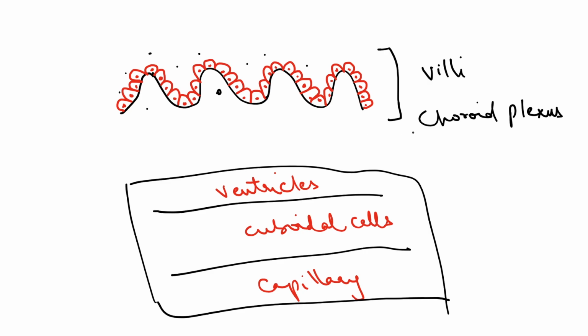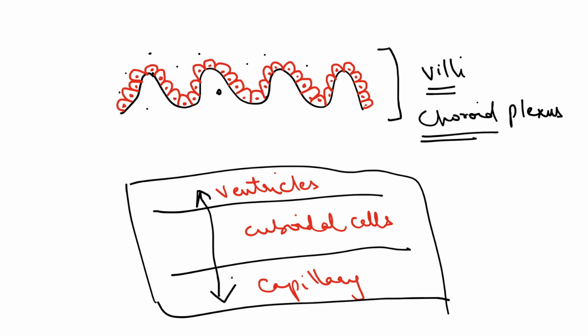So the choroid plexus, which has the functional unit villi, has a thin wall, which is a single wall and allows the transport of ions and molecules to and from the capillaries into the ventricles.